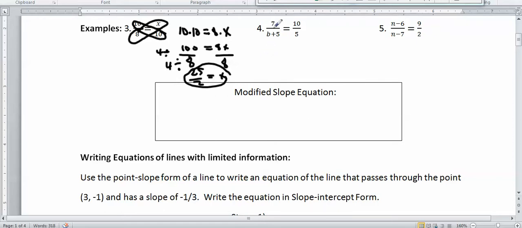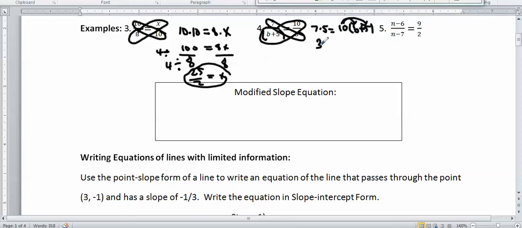All right, now in the second example, we get a little bit more complicated. I want to cross multiply the 5 and the 7, so bottom times the opposite top, but then put parentheses around this b plus 5, because when I multiply this, it's being multiplied as a whole unit, not just separately. Okay, so when I do that, what I end up with is 7 times 5 is equal to 10 times (b plus 5). The parentheses matter here because then I have to multiply the 10 by both the b and the 5.